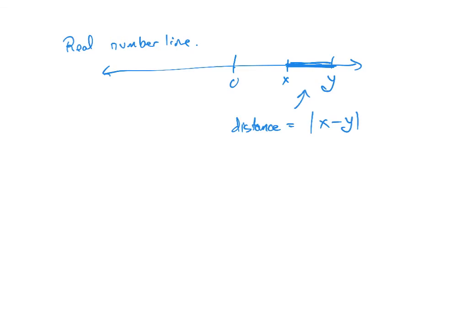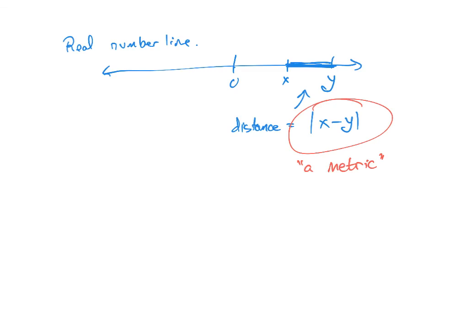Now, in some sense, this is just a definition of what distance is on the real number line. There's really nothing to prove here. I said earlier that we'd get to metrics. This is a metric on the real number line.